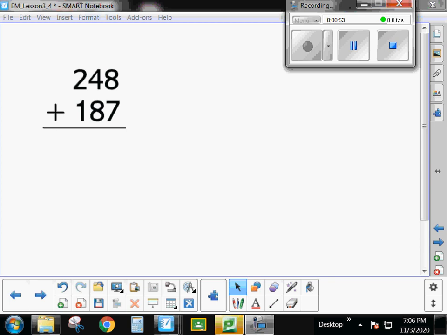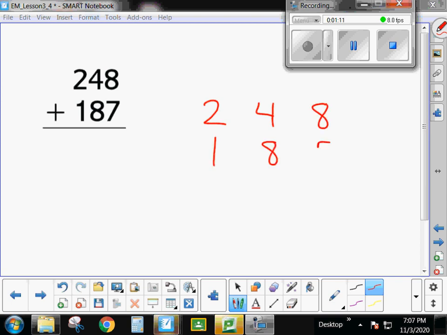Now, I told you that this is column addition. So what I want you to do when you write this problem is spread the numbers out a little bit so that you can make some nice wide columns. So we're going to do 248, but I'm going to spread it out a little bit, and 187. I want to keep it nice and spread out.